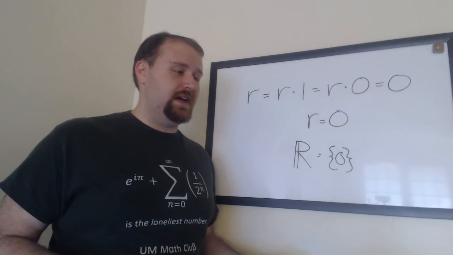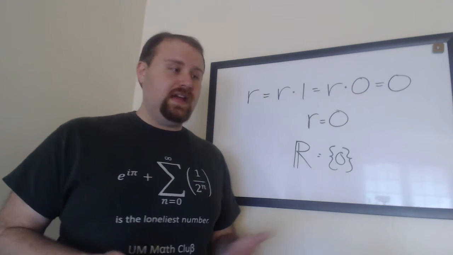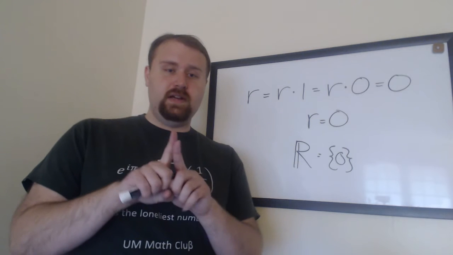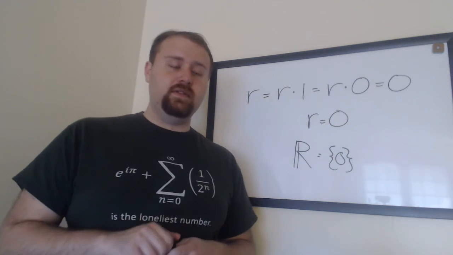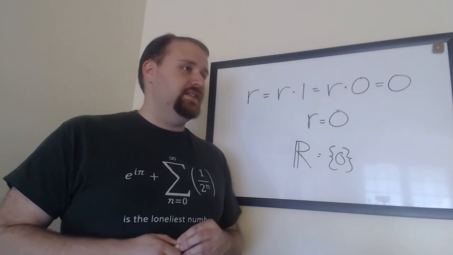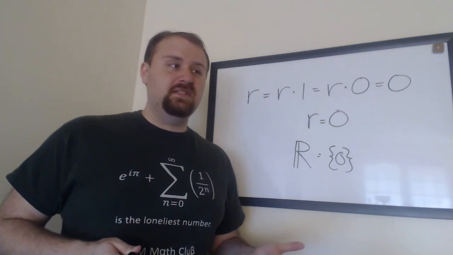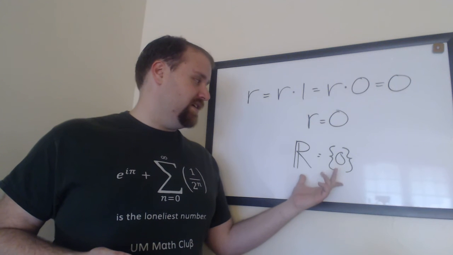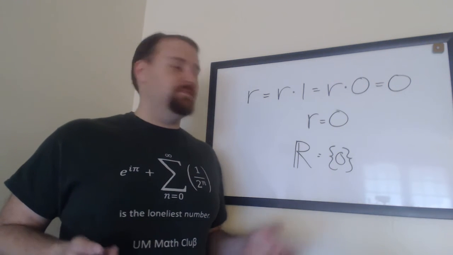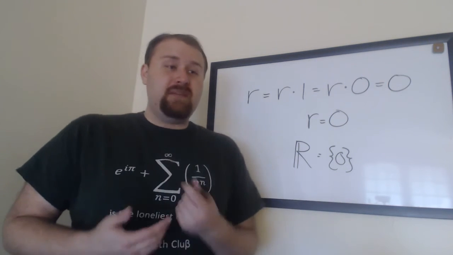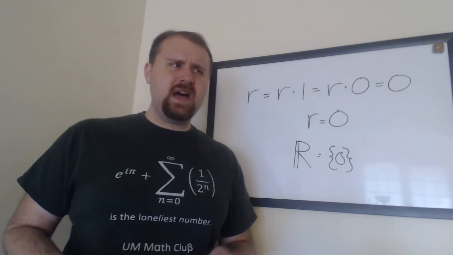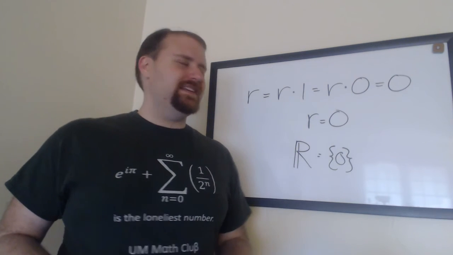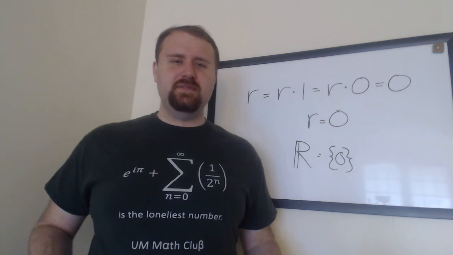One that we talk about in group theory, we have a group with only one element. And this is fine, it's just not very interesting. So having a number system where the only number is 0, mathematically it isn't an issue. But the problem is that it's not useful.